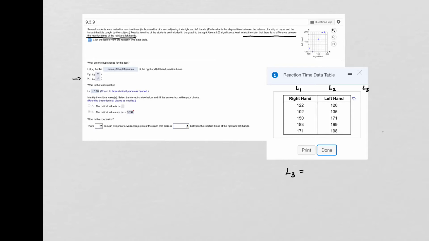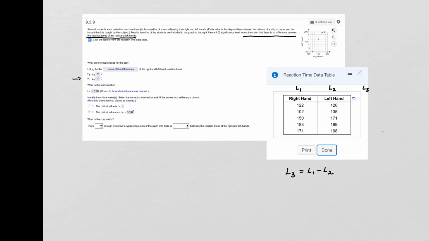Sometimes they give you an indication here, but they don't in this particular case. So I can just do L1 minus L2, and then I'll have my values in L3.